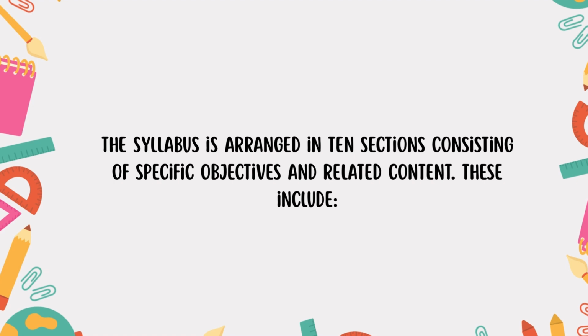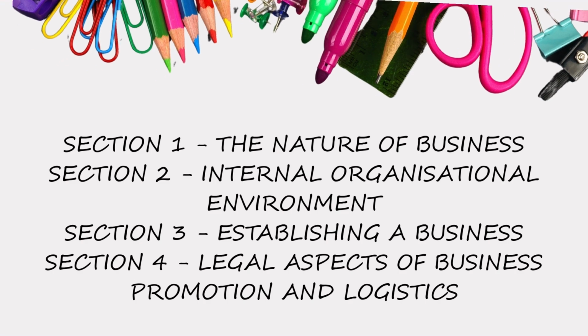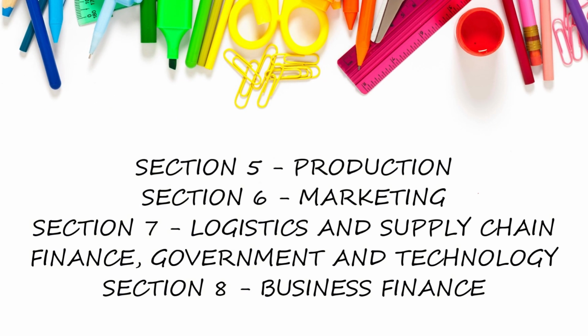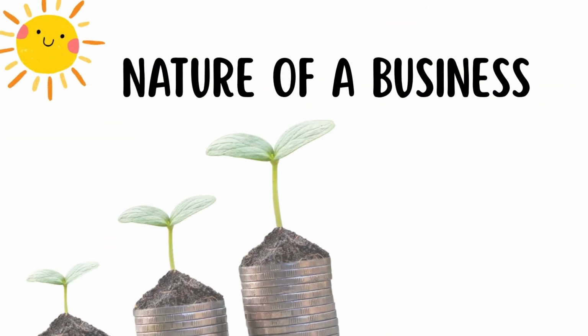These include Section 1, the nature of business; Section 2, internal organizational environment; Section 3, establishing a business; Section 4, legal aspects of business promotion and logistics; Section 5, production; Section 6, marketing; Section 7, logistics and supply chain finance, government and technology; Section 8, business finance; Section 9, role of government in an economy; Section 10, technology and the global business environment.